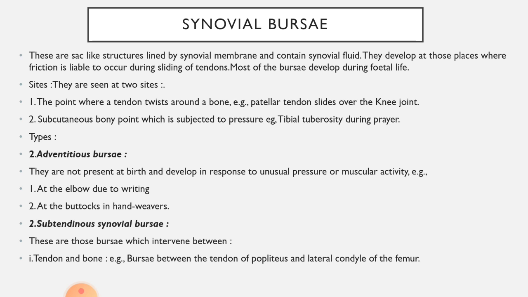Another site is a subcutaneous bony point which is subjected to pressure, for example the tibial tuberosity during prayer, which is the part of the tibia that comes in contact with the floor. So the bursa that develops during fetal development is the subcutaneous bursa.